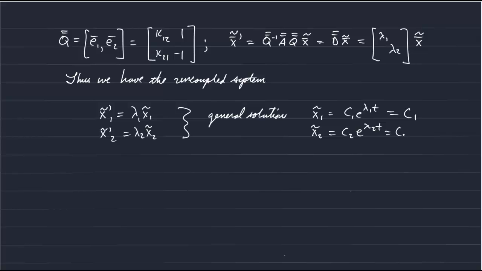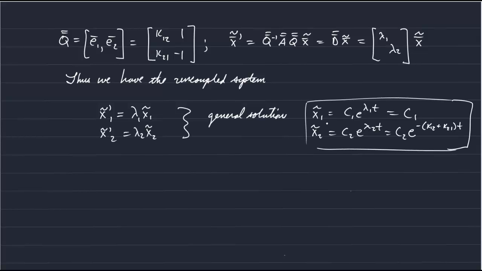And lambda 2 is minus (k12 plus k21) t. So these are solutions for the transformed vector components. We need to find the original concentrations, which are x1 and x2 as a function of t, not the transformed components.